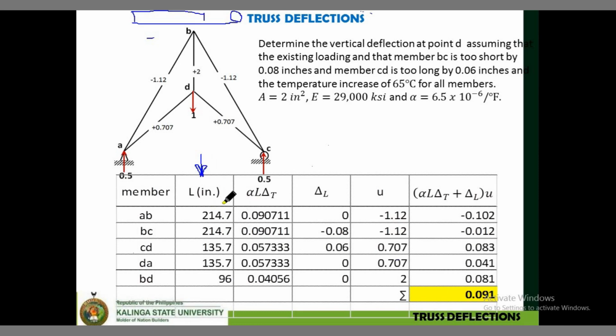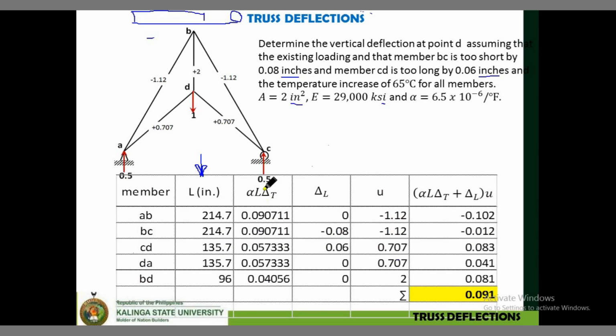Feet ang naibigay, but I converted that into inches para madalian ako. Bakit ko kinonvert sa inches? If you try to look at what is given, inches yung mga ginamit na unit of measurement. So, para hindi na ako magka-problema, yung length, kinonvert ko na lang siya into inches.